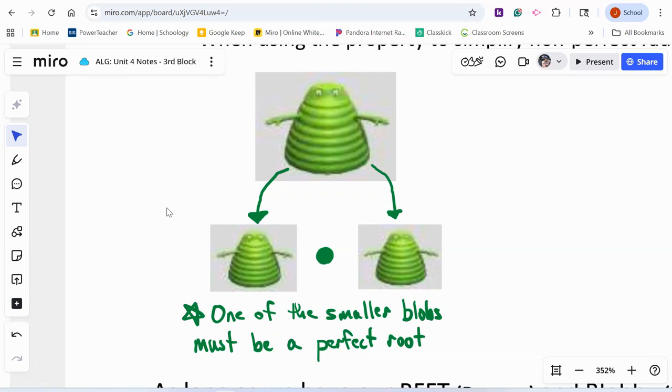But the idea is whenever you split up a blob, the law of conservation of matter exists, meaning he can't split into 2 blobs that are the same size as the original blob, right? When he splits off, the blobs that he splits into are going to be smaller than the original. And you'll see in a second why this is important. But this only helps us if one of the smaller blobs is a perfect root.